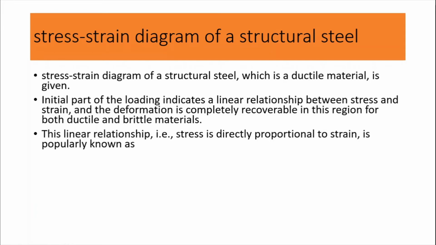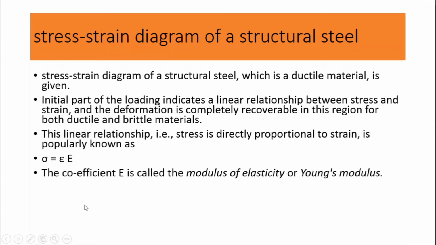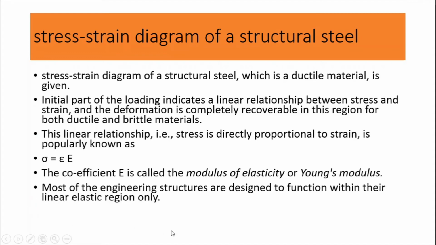This linear relationship, that is, stress is directly proportional to strain, is popularly known as stress sigma equals strain into Young's modulus. The coefficient capital E is called the modulus of elasticity or Young's modulus. Most of the engineering structures are designed to function within their linear or elastic region only.